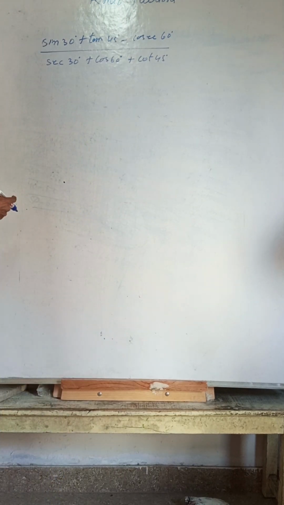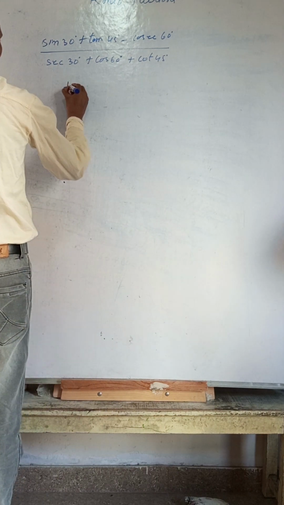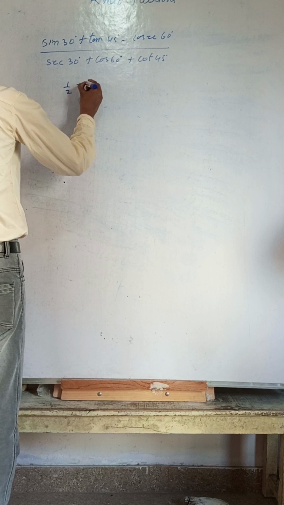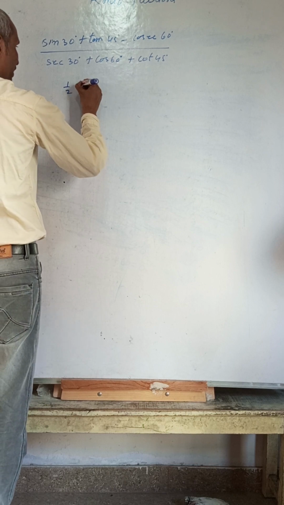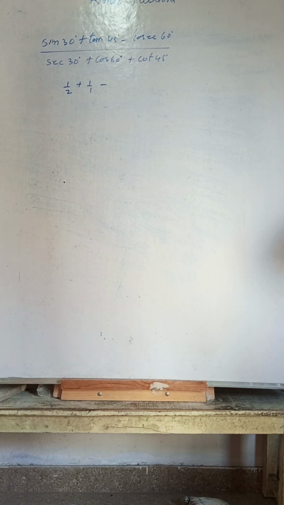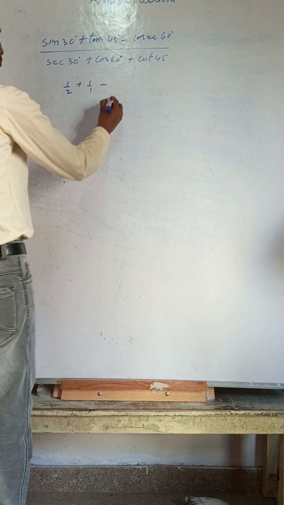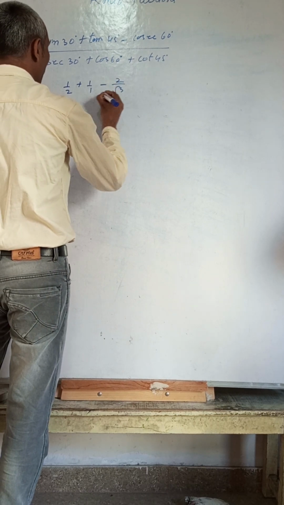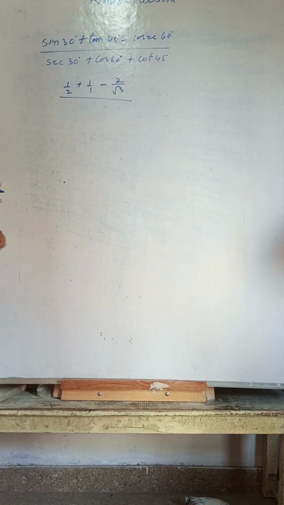So what is the value of sin 30? Sin 30 value is 1 by 2. So here 1 by 2 plus tan 45 value, which is 1 by 1 we can write, minus cosec 60 value. Cosec 60 value is 2 by root 3, divided by sec 30 value.